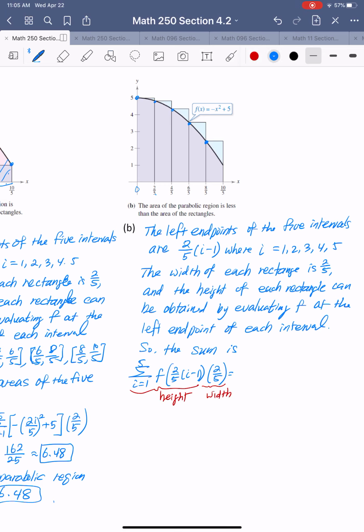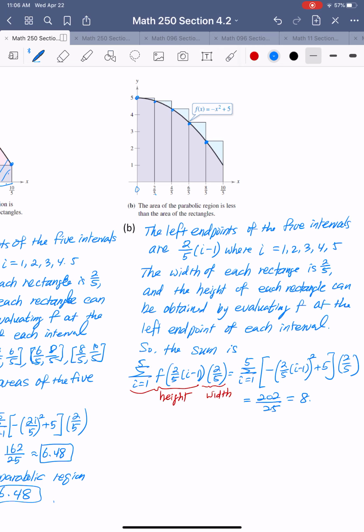If you do that, it becomes the sum from i equal to 1 to 5 of negative (2/5)(i minus 1) squared plus 5, times 2/5. And then you will get about 202/25.